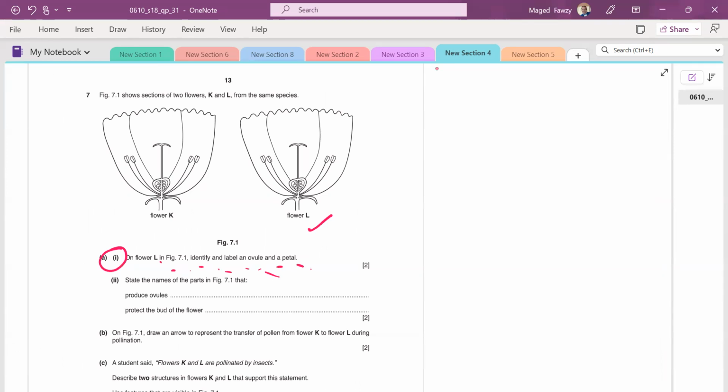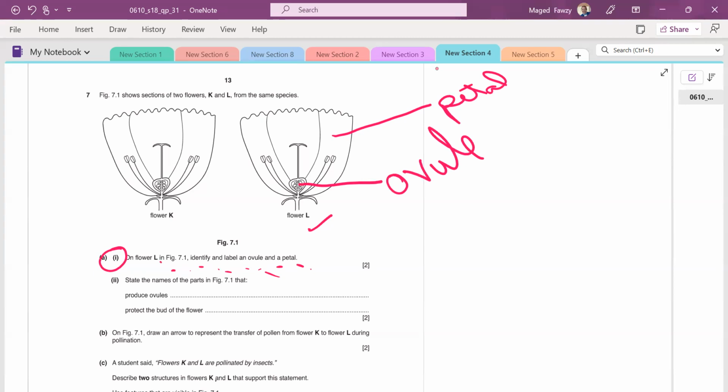On flower L, identify and label an ovule and a petal. So here I will make a label line for the petal and I have to write petal, and I will also make a label line for the ovule. The ovule is what's inside the ovary. This is the ovule.